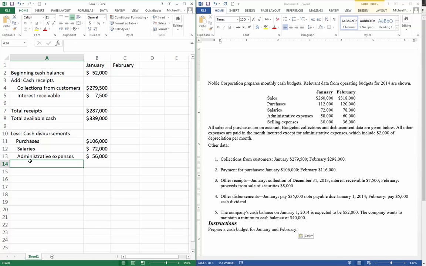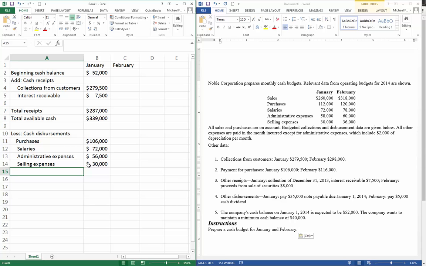So there'll be $56,000 in cash paid on administrative expenses during the month of January. And then we have selling expenses, which should be all cash, $30,000.